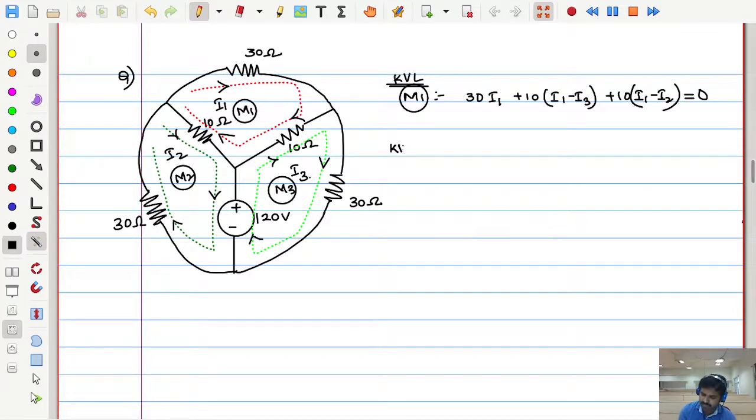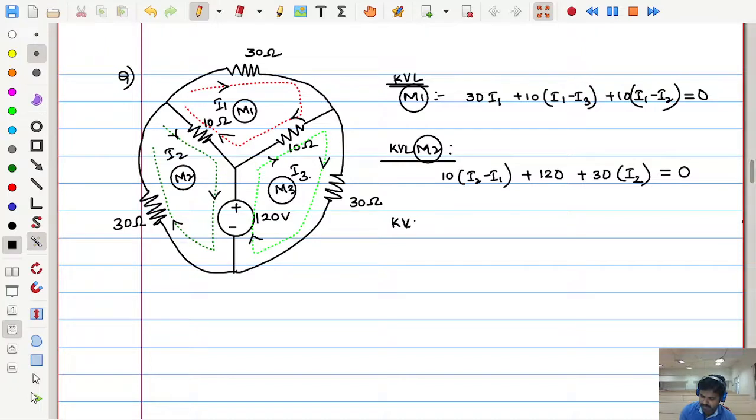Next, KVL for mesh 2. 10 into I2 minus I1, plus 120, plus 30 into I2, only I2, is equal to 0.